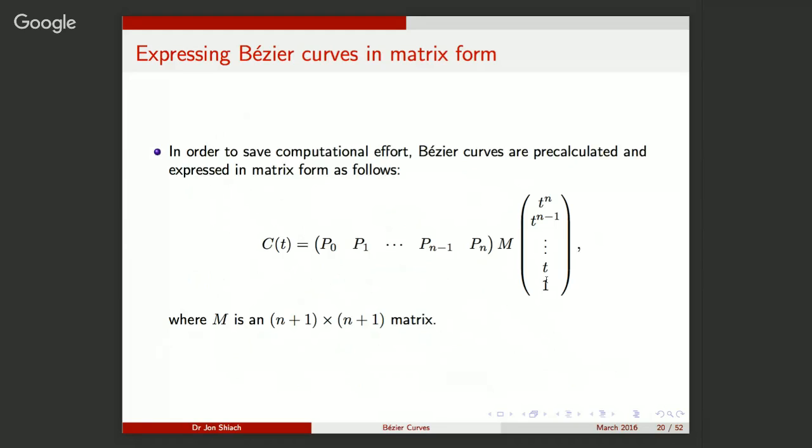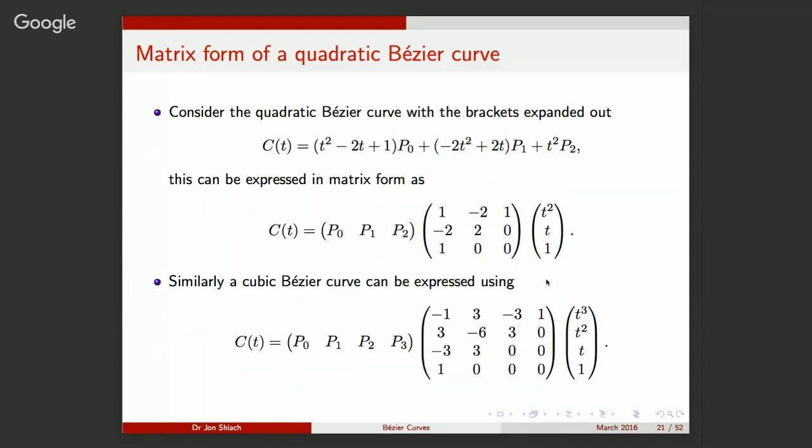Now, how do we calculate that M? If we look at the quadratic Bezier curve, I've multiplied out the brackets. So you have t squared minus 2t plus 1 multiplied by p0, which corresponds to this top row: 1 times t squared, minus 2 times t, plus 1.